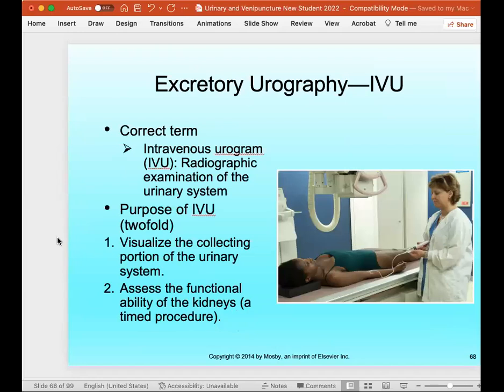So an IVU, intravenous urogram, these are not done very commonly anymore because of CT. Now, I will say recently I saw 2 of them being ordered at the clinic site that I go to. We actually had one ordered last week and then another one the week before.